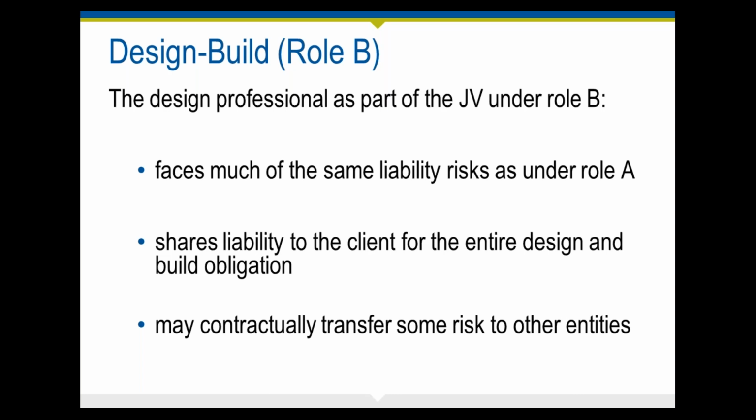So under both Roles A and B, it is a good idea for you, the design firm, to contractually transfer some of the risk to other entities involved in the team through indemnity provisions, insurance, and bond requirements. Specifically, you should require the contractor to indemnify you for risks associated with the build portion of the undertaking.